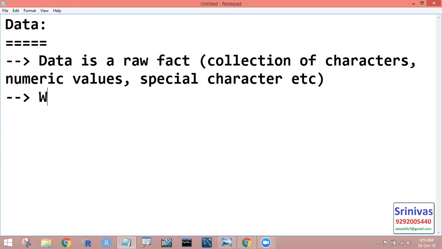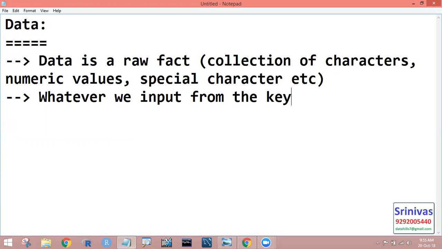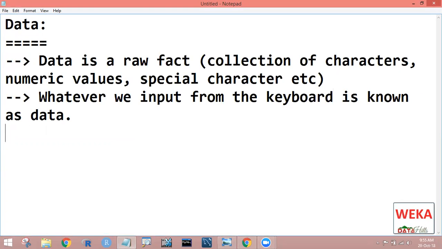Getting my point? Whatever we input from the keyboard is known as data.